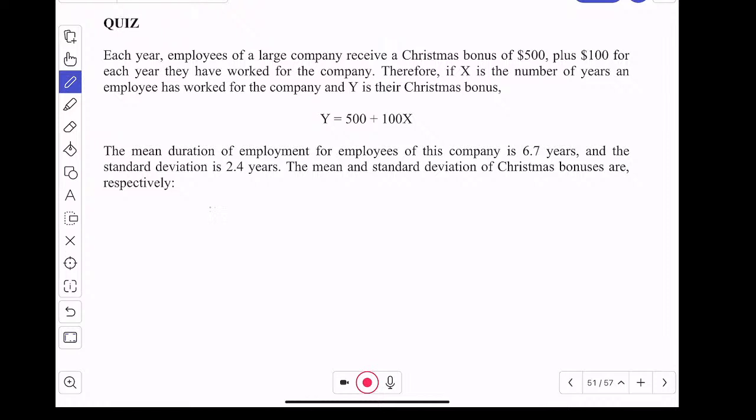So we're told that mu x is 6.7 years and sigma x is 2.4 years, because x is the number of years an employee has worked for the company.